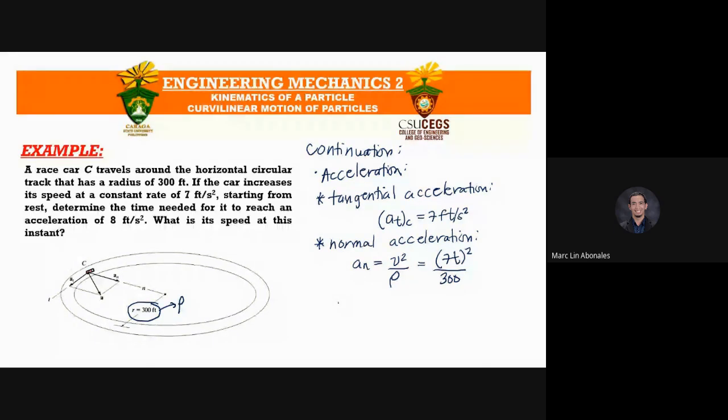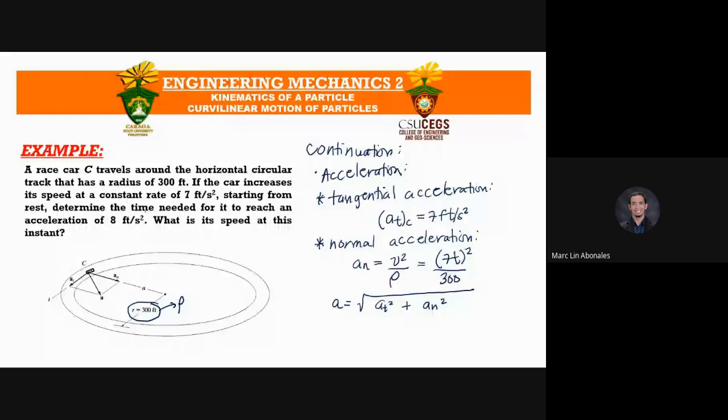So from the equation na acceleration, that is the square root of at squared plus an squared. So ang a nato or the final acceleration, if you read the problem, that is the acceleration of 8 feet per second squared, this one.